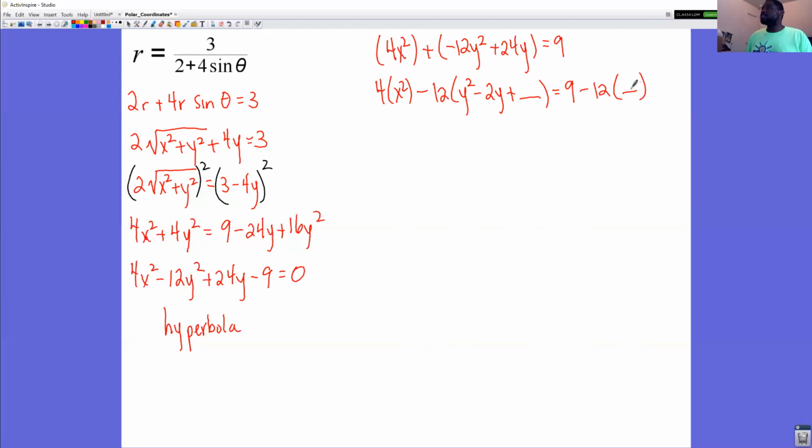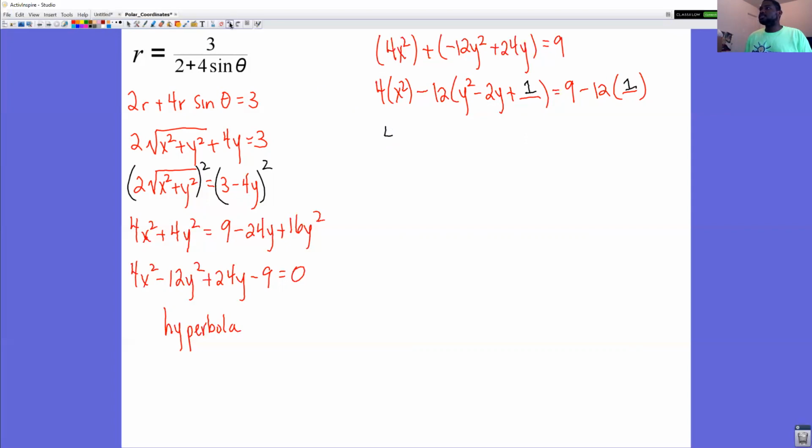Wherever we put a number here, we got to put it here as well. So completing the square, you take half of this. Half of negative 2 is negative 1. And squaring the negative 1 gives you positive 1. Positive 1 over here. Now we're ready to factor.